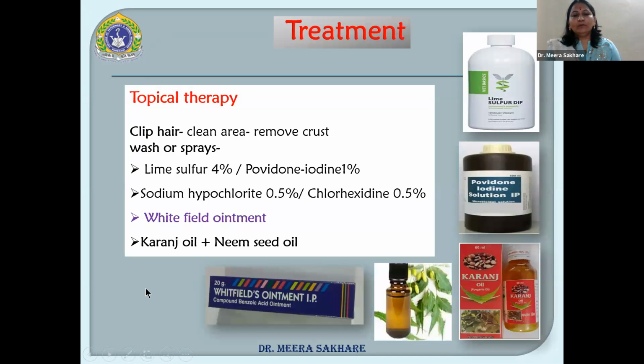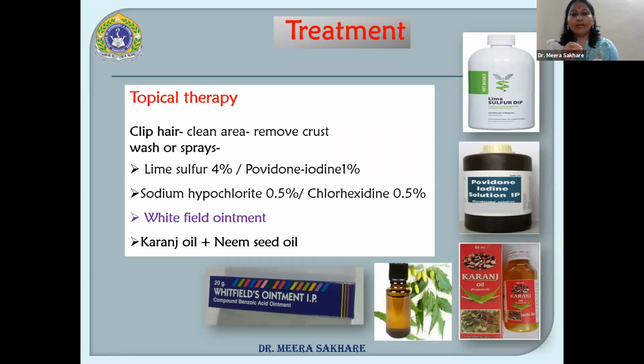Whenever we find these ringworm cases at the field level, first you have to clip the area of the lesions. And that hair clipping should be properly disposed of, because that hair material contains the fungi, and the hair acts as a source of infection to the environment of the animal.